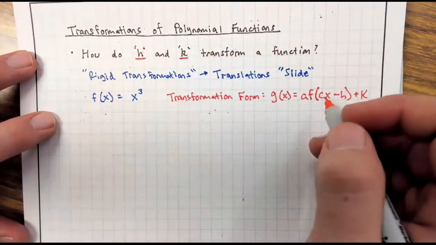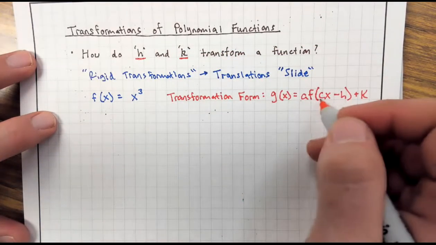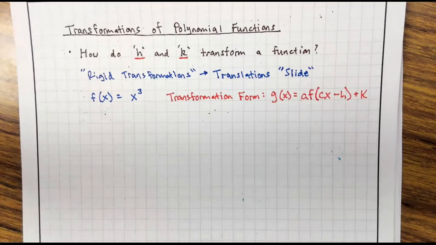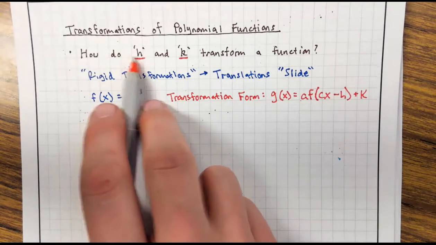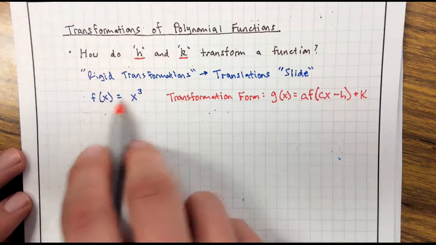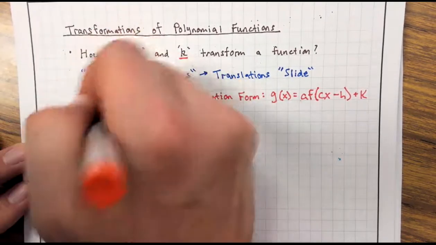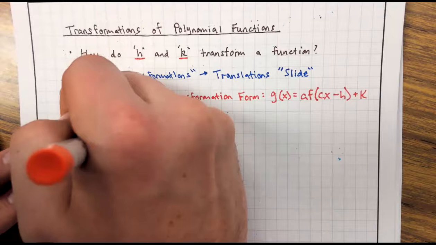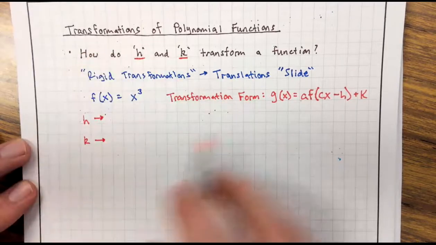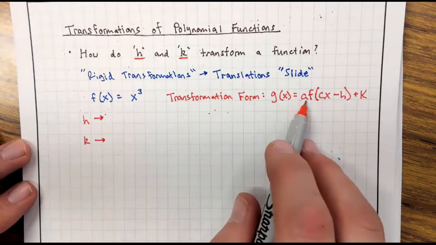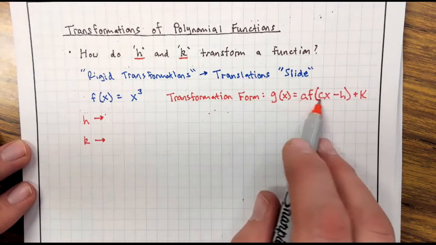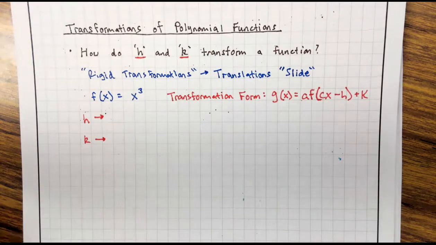In another video, we'll talk about what a and c do. So with all that said, let's try to come up with definitions or at least descriptions of what h and k do to a function.